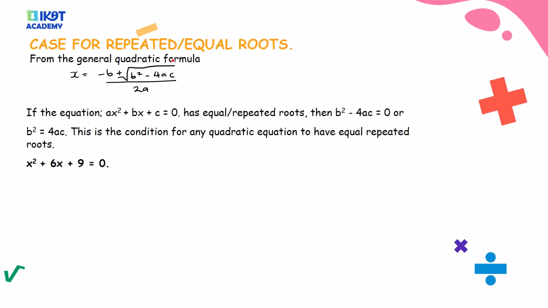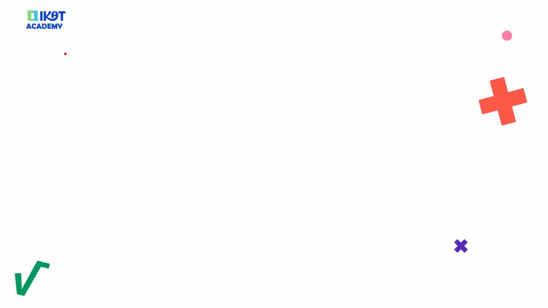Now this is the general quadratic formula, the formula we use for solving quadratic equations, and from our video on completing squares you saw how we generate this formula. Before we go further, let me first explain something here. So the general quadratic formula is x is equals to negative b plus or minus square root of b squared minus 4ac out of 2a.